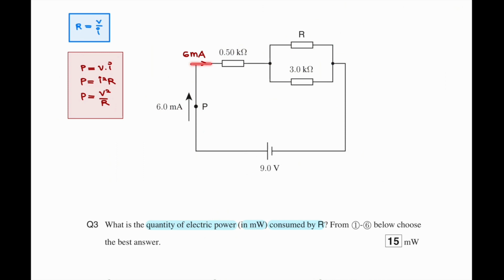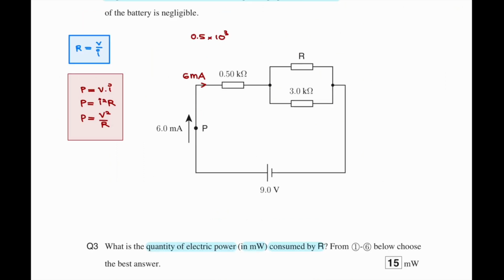Since I know the current and I know the resistance, I can find the PD across this resistor by using Ohm's law. By using Ohm's law in this resistor, I will get 0.5 times 10 to the power of 3.